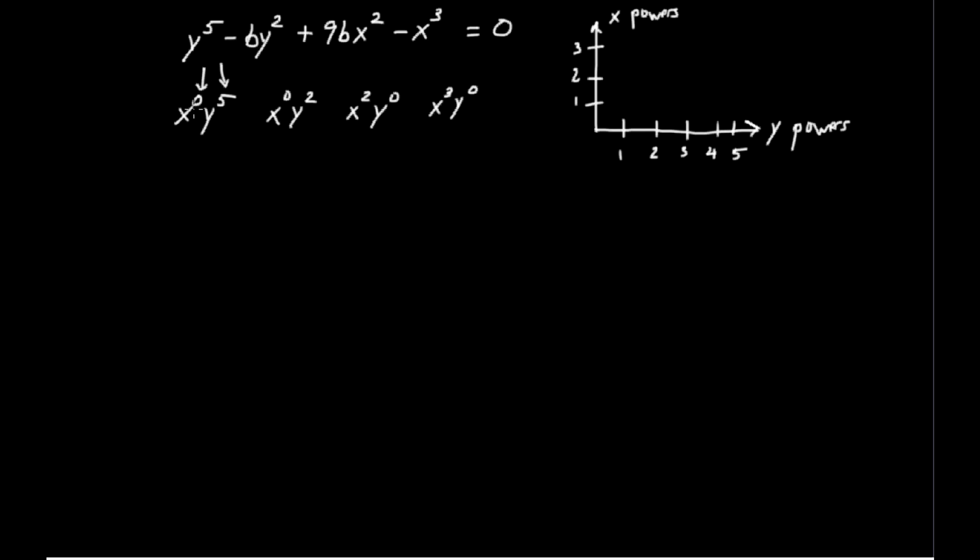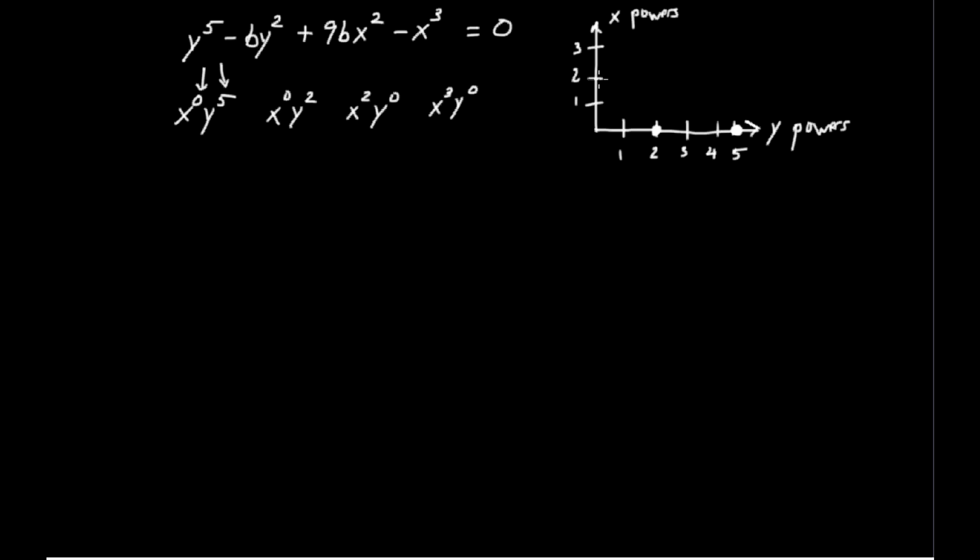And what he does is he plots these two powers as a coordinate on this grid. For example, we have this first term, which is y to the 5th, which we're going to think of as x to the 0, y to the 5th, and we're going to plot it on this graph. So we're going to plot it right there. It's 5 powers in y and 0 powers in x. And now this term here is going to be plotted right there. 2 powers in y and 0 in x.